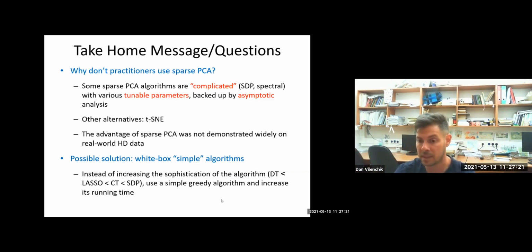So maybe this kind of research where you want to stick to the simplest possible algorithm, but perhaps pay with running time, as we've seen in our greedy algorithm, or also when efficient algorithms are available, you still have to use pseudo polynomial time. Okay, so that's another interesting line of research. What happens when you restrict yourself to the basic algorithms? Can you still do interesting things?